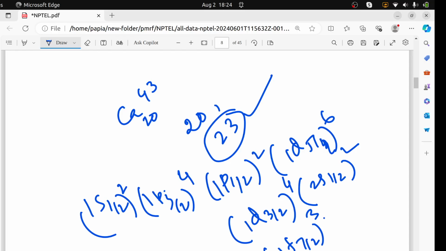Now add these things. 2 plus 4 is 6, plus 2 is 8, plus 6 is 14, 14 plus 4 is 18, 18 plus 2 is 20, 20 plus 3 is 23. Okay, that's why it is coming as 23.